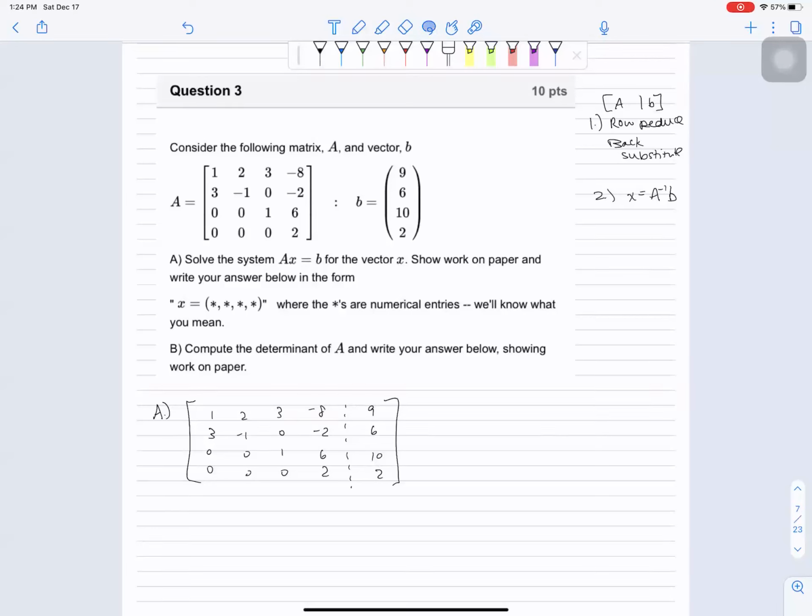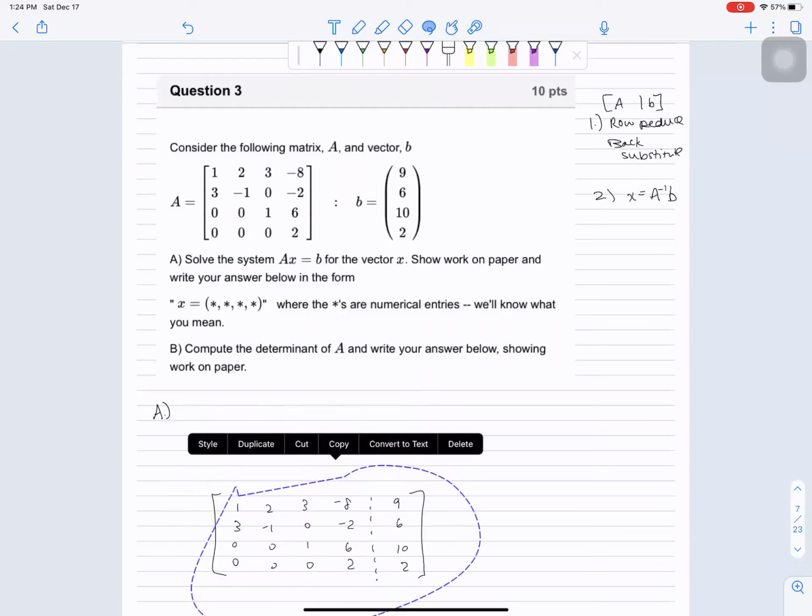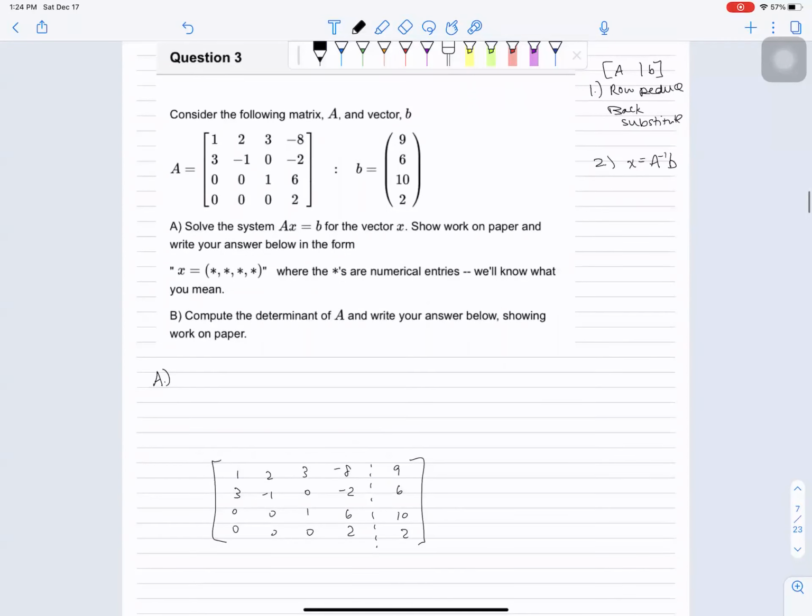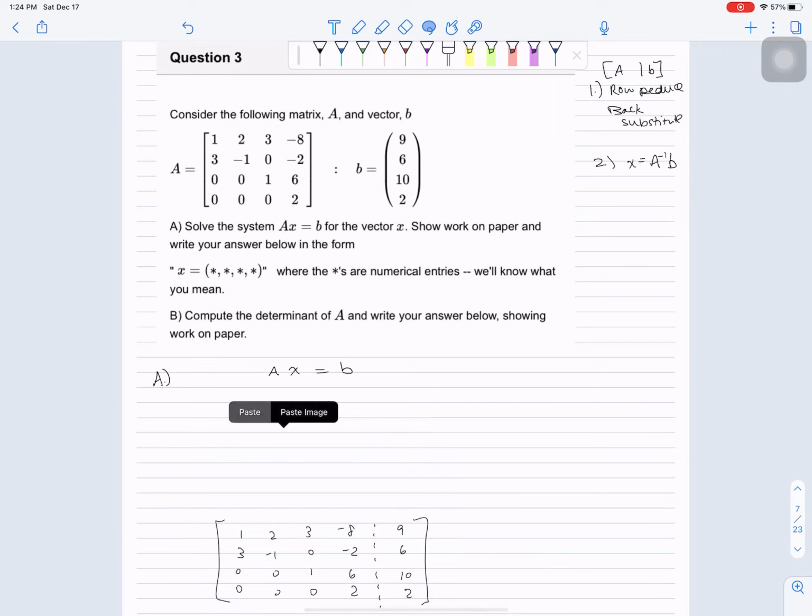Okay. Also, let me just write the general form first in case they ask you what exactly AX equals B means. You can first write it out as this entire matrix A times X. X, they tell us, is this star, star, star, star. Let me label them as X1, X2, X3, X4.